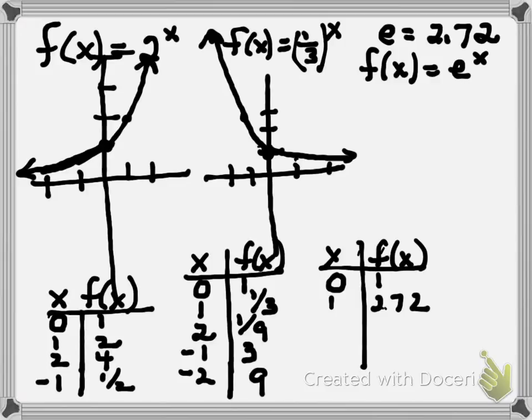E to the second power, and you could get this from a calculator. So again, I'm not asking you to memorize them. I just want you to be familiar with what the graph looks like. And then e to the negative 1 power would be equal to 0.37, and e to the negative 2 power is 0.14.